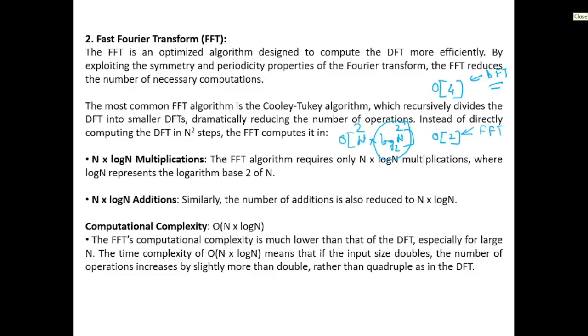Now if I increase this n to 4, what will happen? N squared is 16 for DFT, and for this one, n log 2 n is 4 times log 2 of 4, so it will be 8.